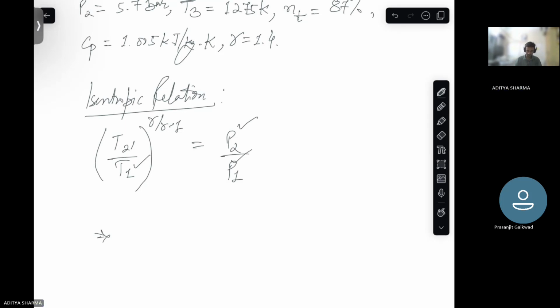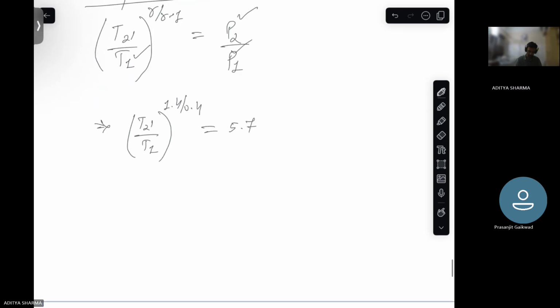So in that case, T2 dash by T1 to the power 0.4, sorry, 1.4 by 0.4 is equal to 5.7. Correct?